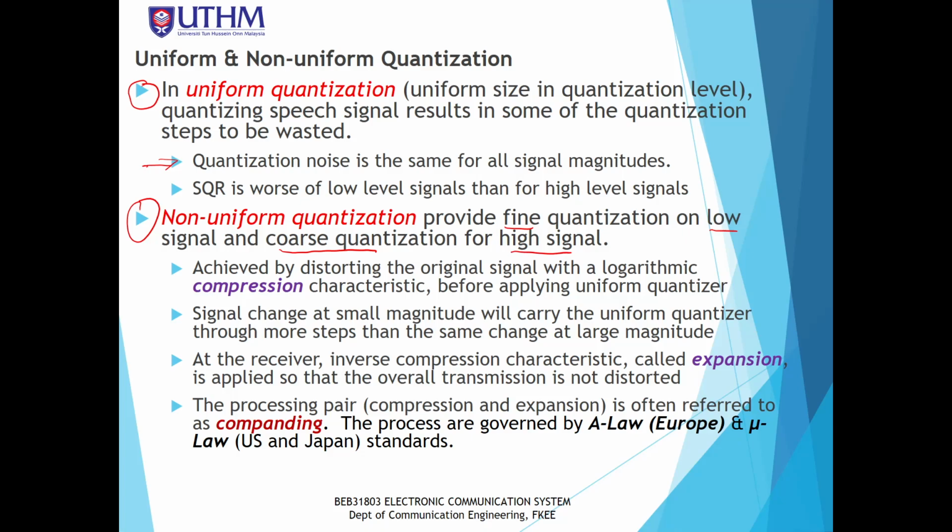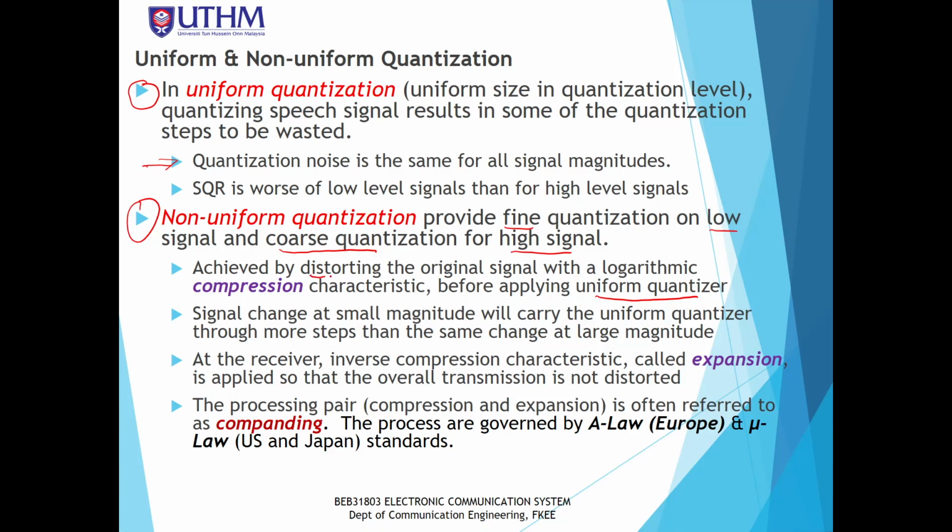So how can we achieve the non-uniform quantization? In order to achieve it, we need to distort the original signal with a logarithmic compression characteristic before applying it to the uniform quantization. So what is this actually?